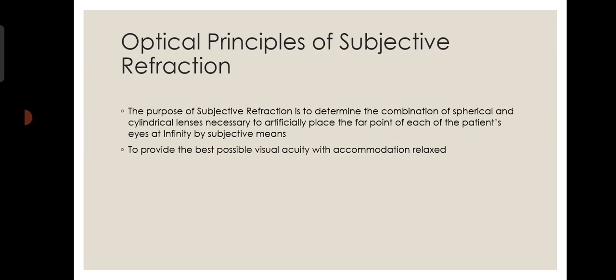That means my aim is to place the far point of the patient's eye at infinity. That means we need to completely relax the accommodation, so we can give maximum plus lenses and minimum minus lenses to completely relax the accommodation.